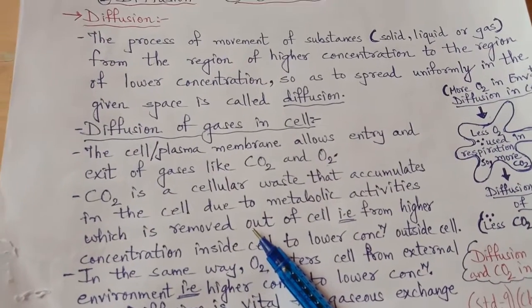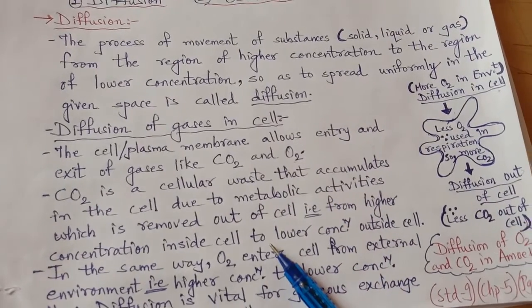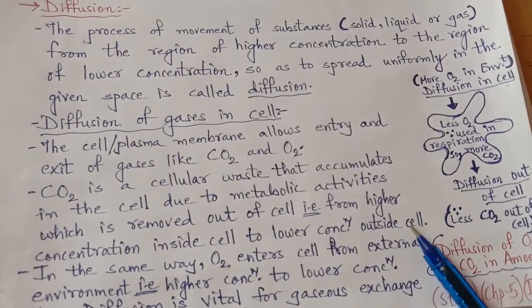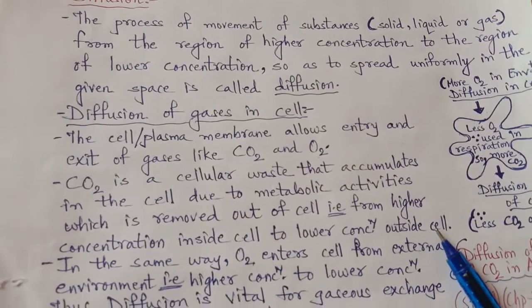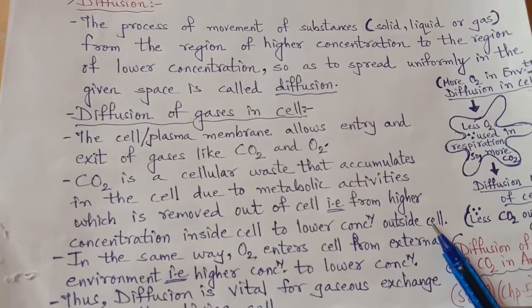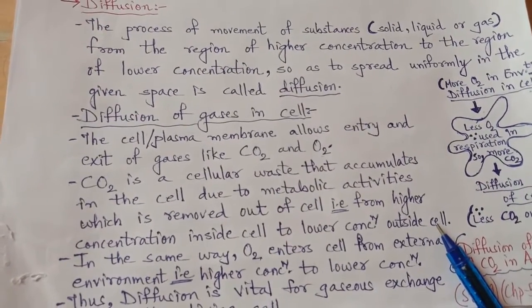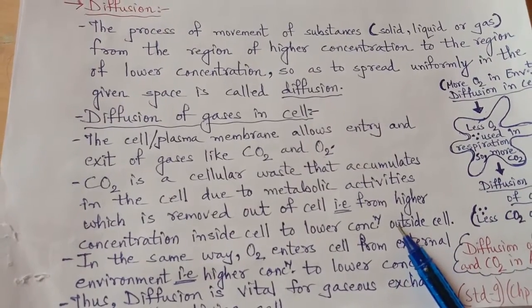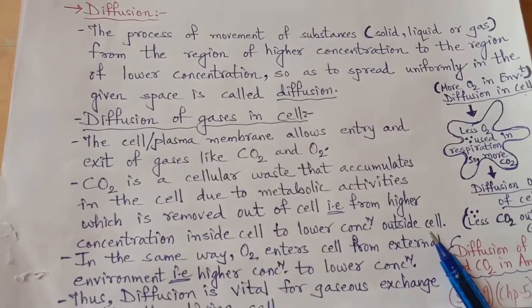That means from higher concentration inside the cell, it has to be brought to the lower concentration outside the cell. When carbon dioxide level increases in the body, it is called higher concentration inside the cell, and outside the body, in the oxygen rich atmosphere, the amount of carbon dioxide is less, so it is lower concentration outside the cell.